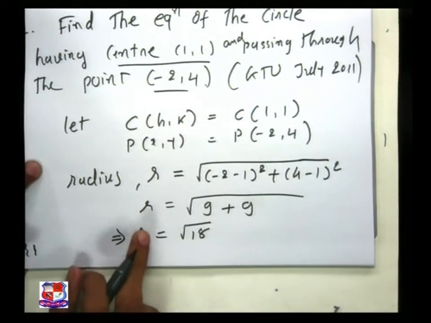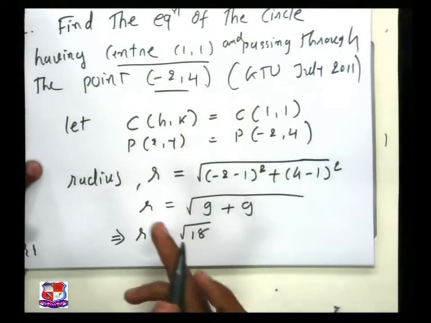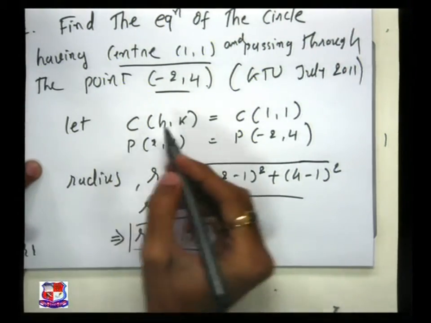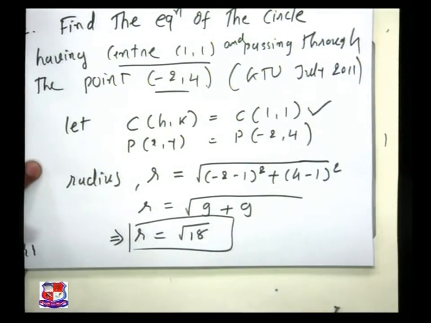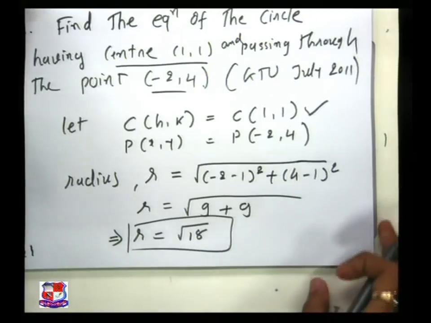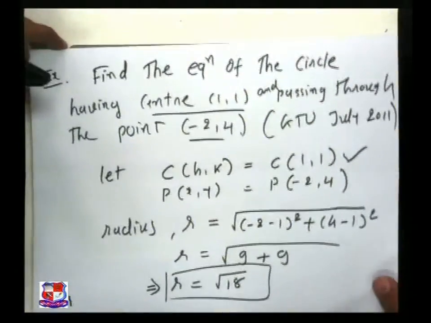Now we need to find the equation of the circle. We have the radius and we have the center, so using the center-radius form we can easily find the equation of the required circle.